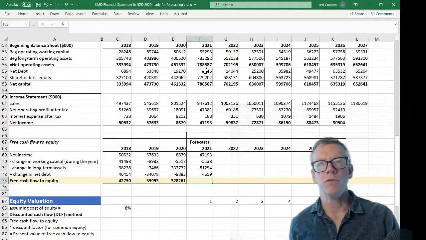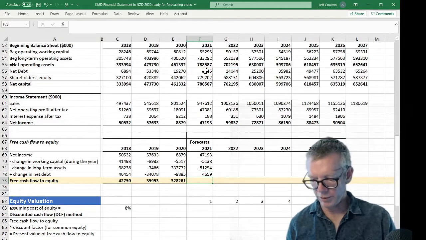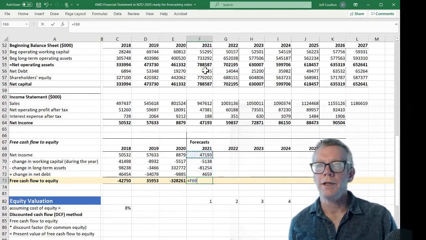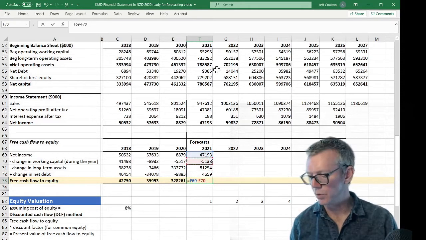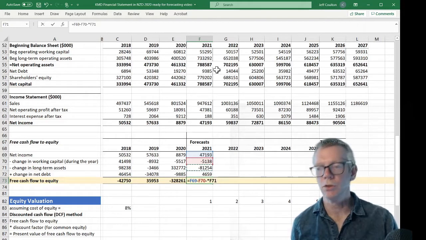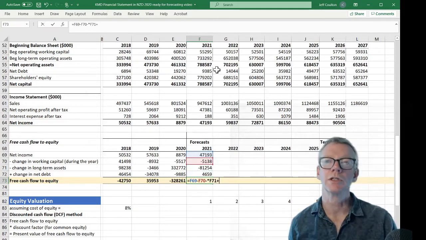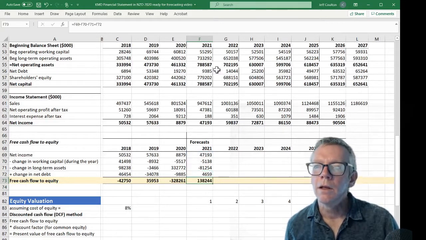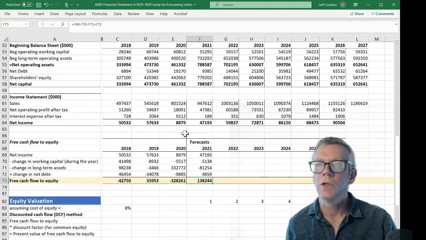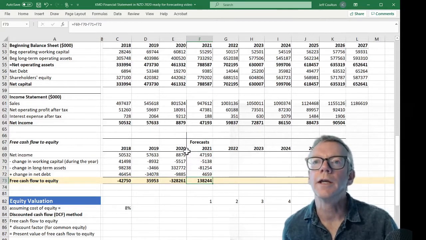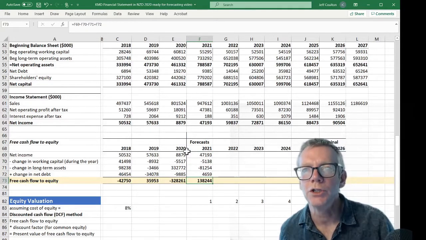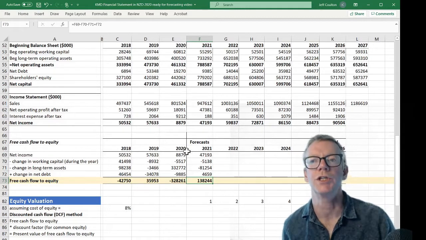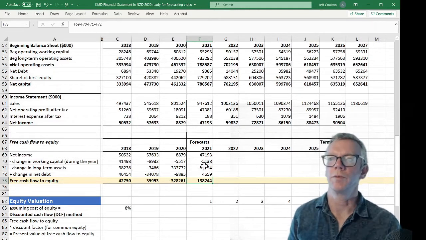That'll generate our forecast of free cash flow to equity. So net income minus change in working capital minus change in long-term assets plus change in net debt. That's the formula that I want.